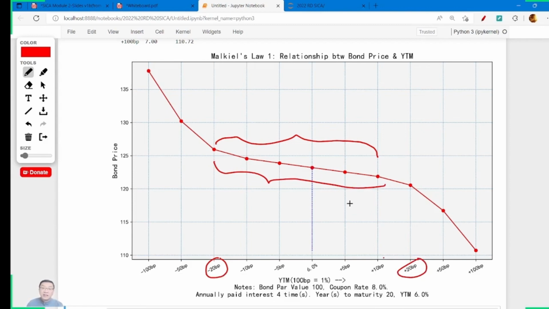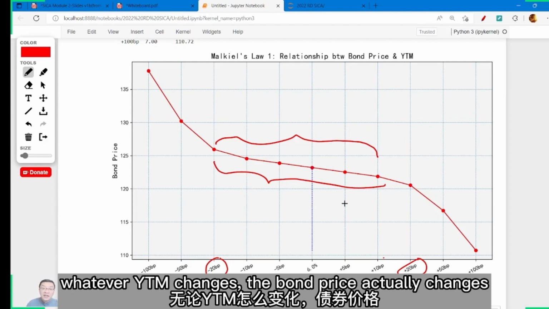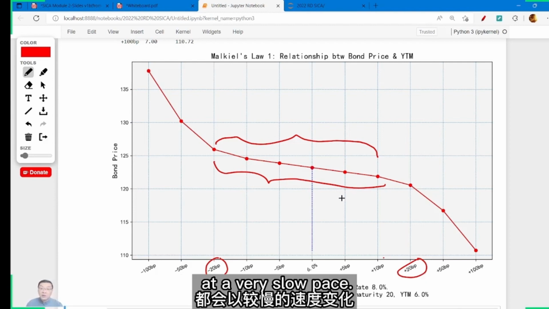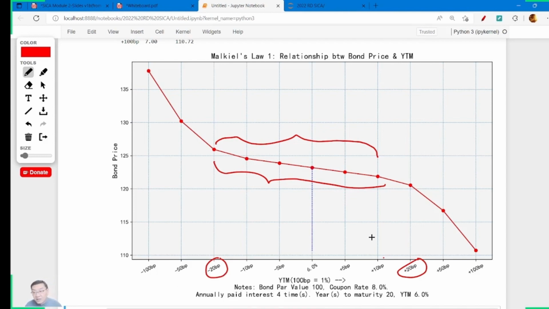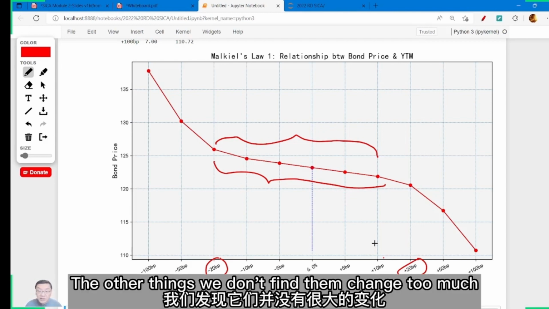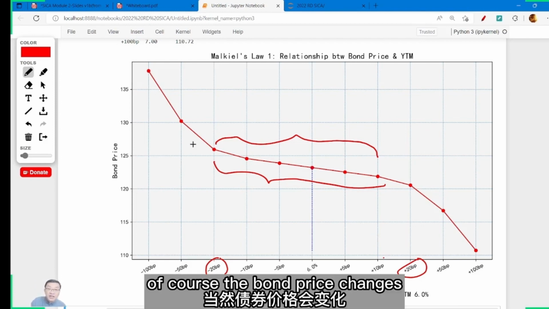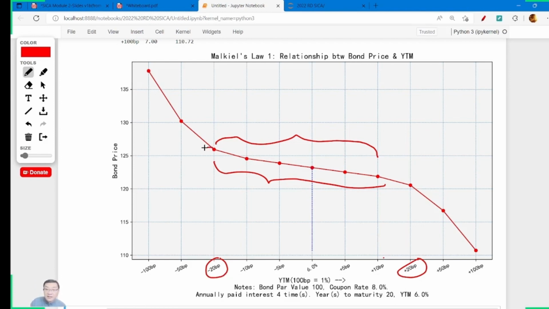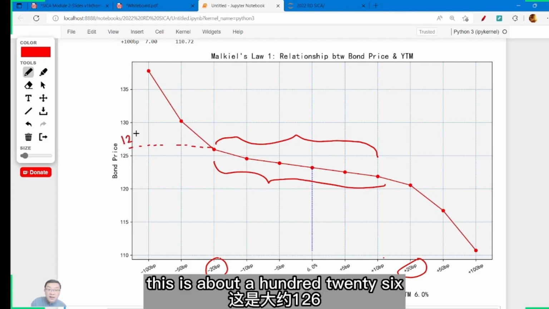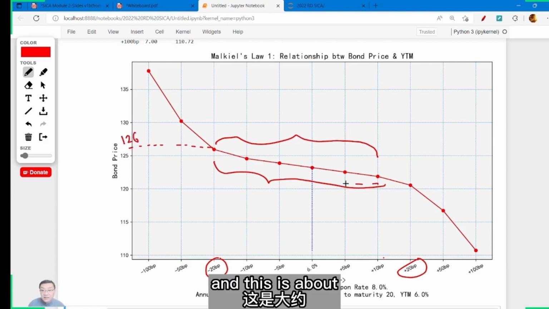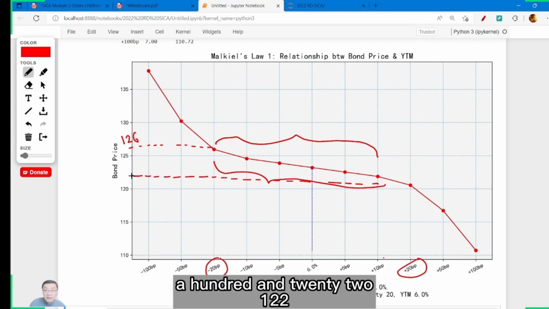Within this range, whatever YTM changes, the bond price actually changes at a very slow pace. The other things, we don't find them change too much, right? Of course, the bond price changes. Say, this is about 126, and this is about 122.